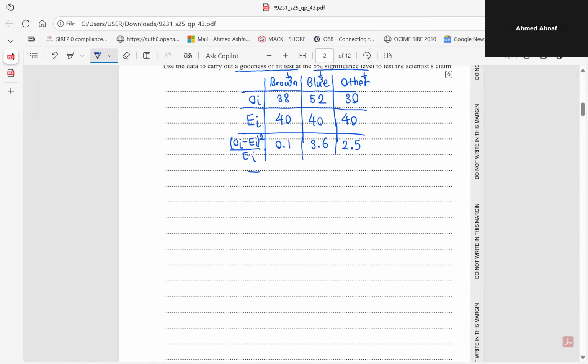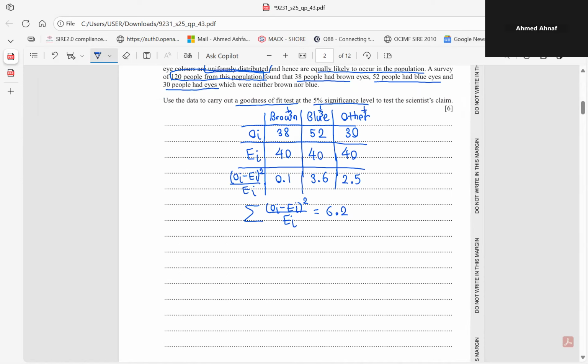Now we just have to find the summation of all these values, and this will act as our test statistic. Just add these all up: 6.2. So this is our test statistic.